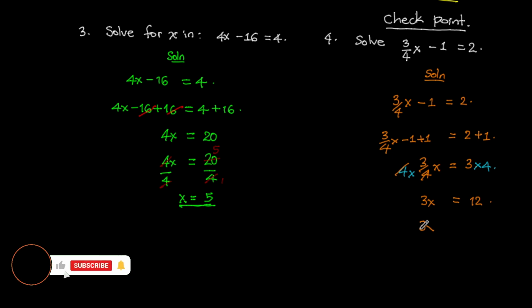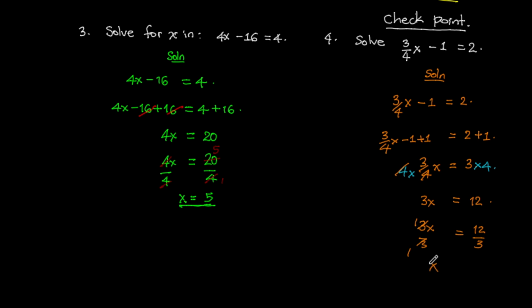Then we divide everything by 3. So 12 divided by 3 gives us 4. Therefore x equals 4.